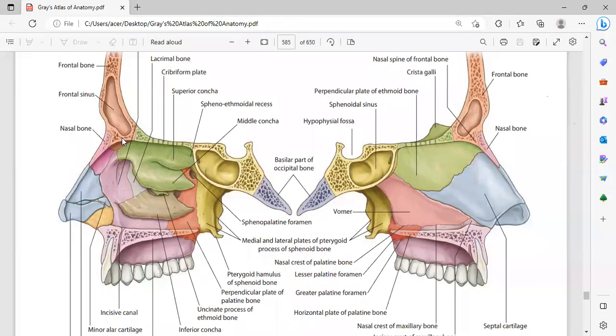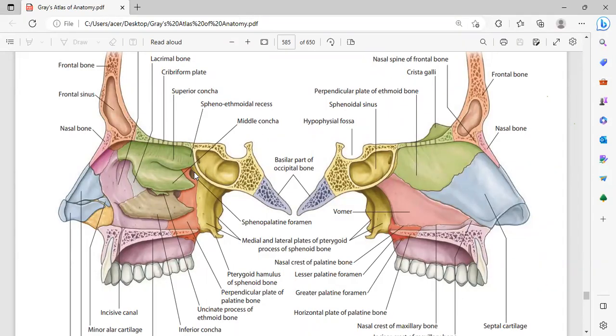And then we have to look at a few landmarks here. First is this one, the sphenopalatine foramen. The sphenopalatine foramen opens directly into the pterygopalatine fossa. Here we have the sphenoid bone and the palatine bone.